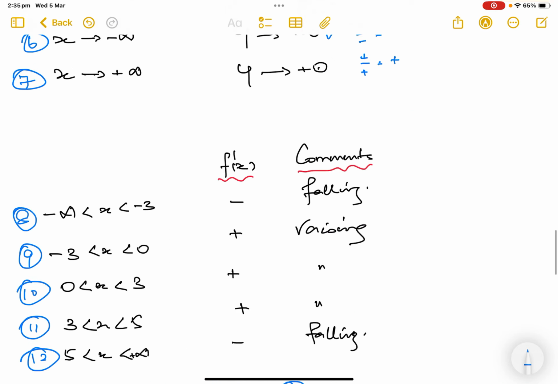Number 6, x tends to minus infinity, and y is minus. So that is this bit. It tends to minus infinity. It's below the x-axis because it's minus. The y is 0, but it's minus 0. So that part is 6.